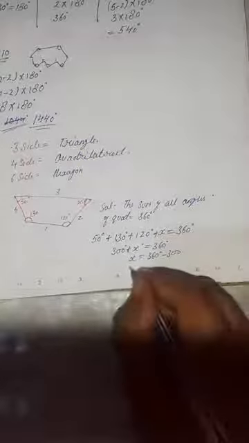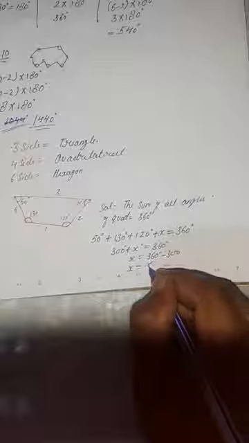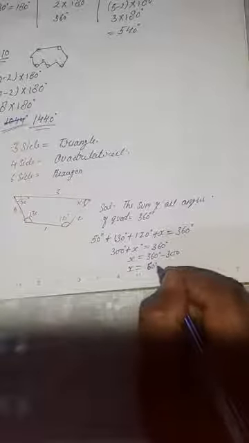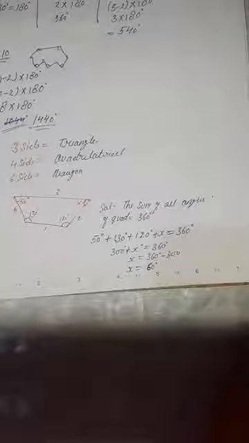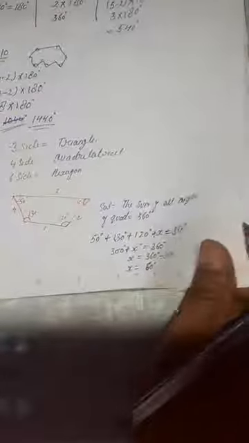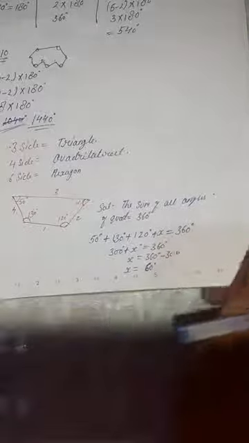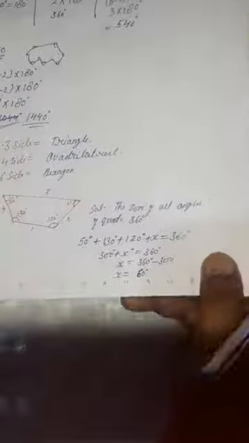So we have the value of x as 60 degrees. Like this we can find the value of x in other different figures. If you have any doubt, you can ask me personally in any question.